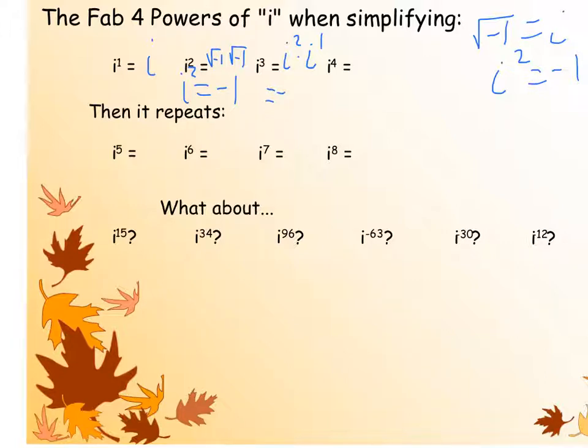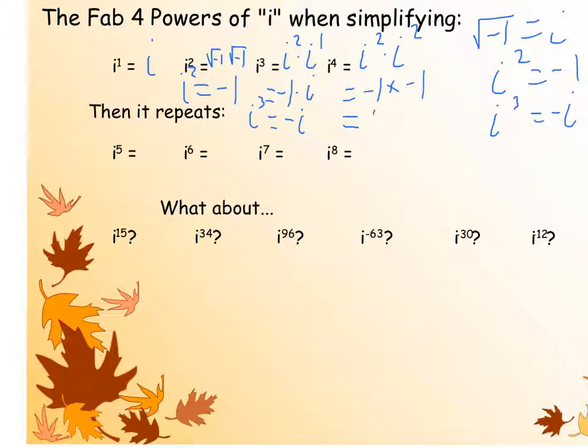Well, we have already shown that i squared is -1, and i is just i, which means that i to the third power, in fact, equals -i, as i times -1 is -i. Okay? i to the fourth power would be i squared times i squared. And again, I have already shown that i squared equals -1.